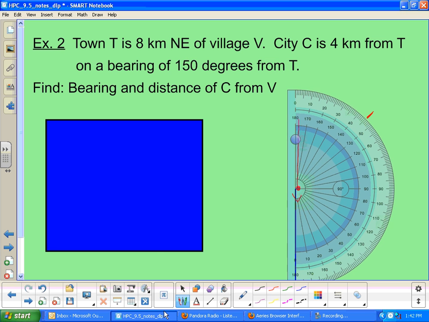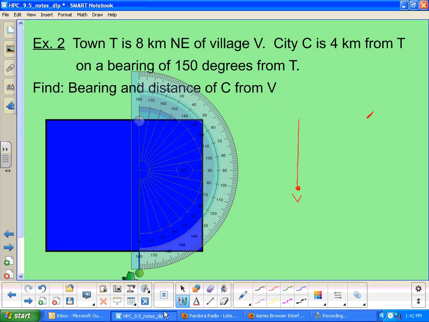All right, move the protractor out of the way. I connect. There's town T, 45 degrees from the north. And it's 8 kilometers.